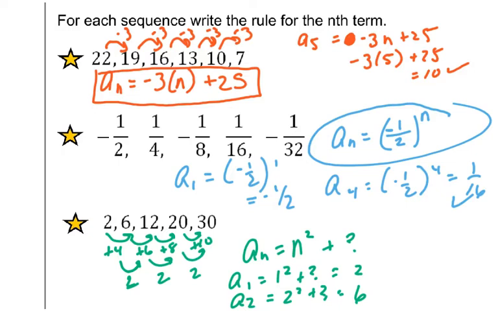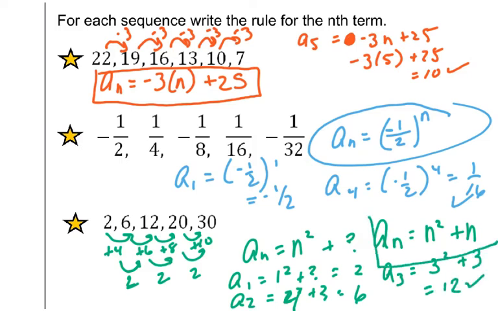So we have 4 here, and then 1 there, and so we're adding 1 the first time to get 2, and we're adding 2 the second time to get 6. So maybe what we're adding is just the n value. A sub n equals n squared plus n. We can check that with maybe our third term. 3 squared plus 3, that does in fact equal 12.